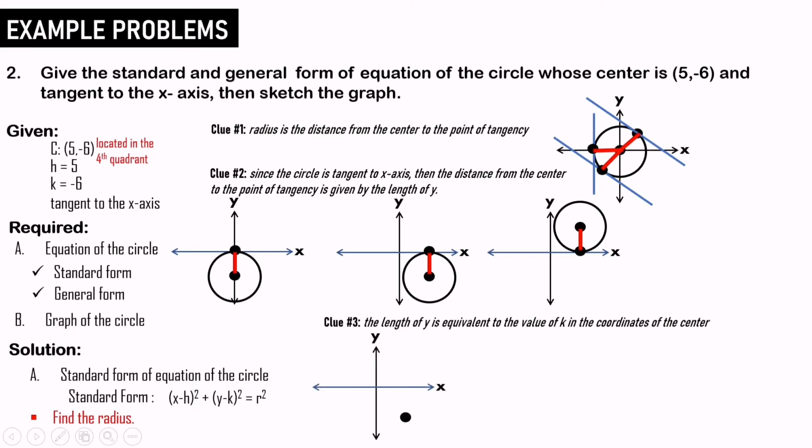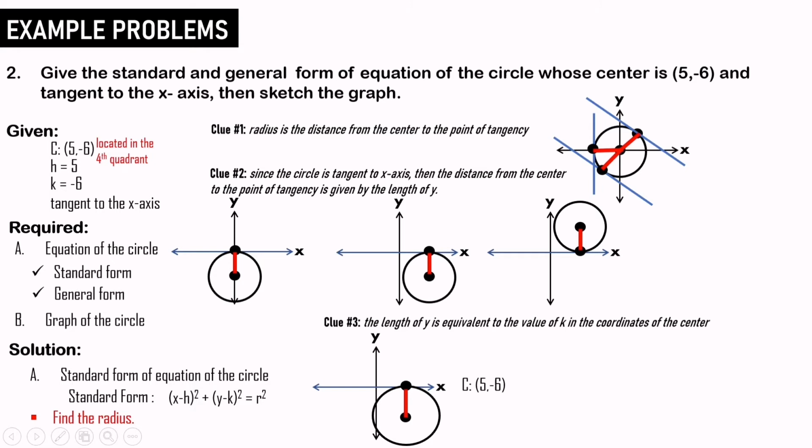So imagine nato murag ingon ani siguro ang itsura sa graph no sa ato ang circle. So kaning center nato mao ni ang 5 negative 6. Nari diri tangent sa x-axis so mao ni ang point of tangency. Therefore ang atong radius, length sa radius mao ni ang y no or mao ni ang k.